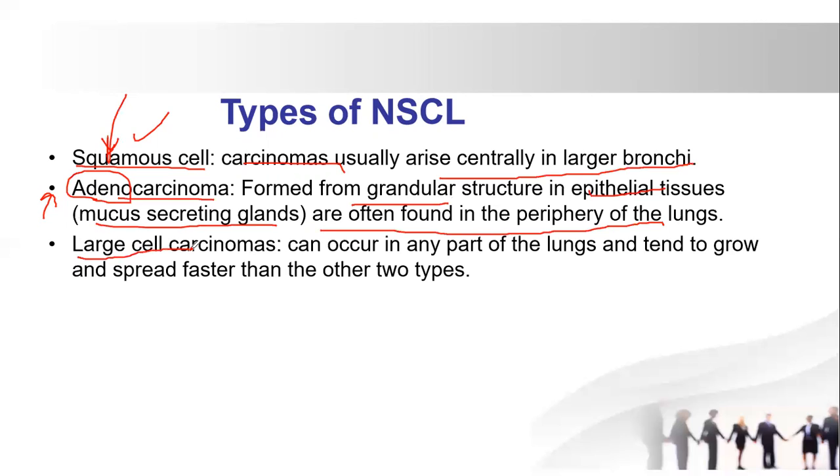And then large cell carcinoma can occur in any part of the lungs and tends to grow and spread faster than the other two, squamous and adenocarcinoma.